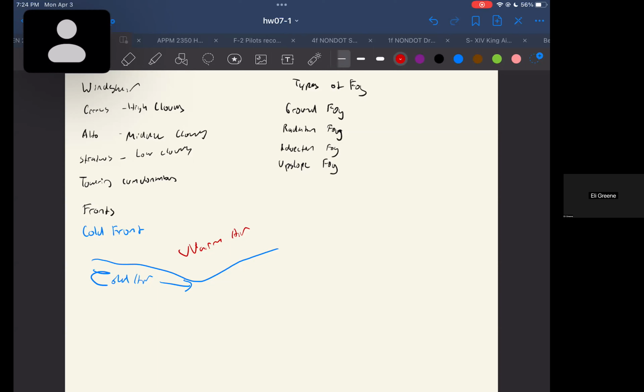And once again, a stationary front can still produce storms. That's all we really have to know about fronts, is that they provide storms and that you have warm air overtaking cold air and going on top, or cold air overtaking warm air and going underneath. And then technically you have an occluded front where two fronts move together, but we're not going to worry about that too much.